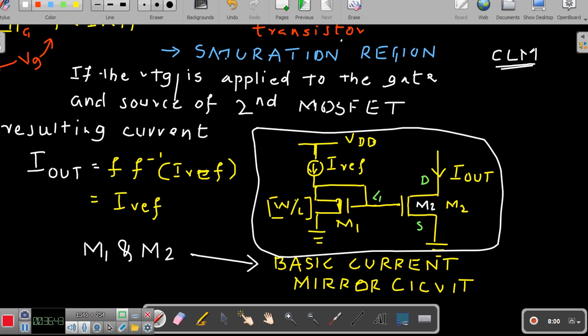So once the transistor operates in the saturation region, the same voltage is now applied to that transistor whose output current has to be made independent of the supply, process and temperature. So therefore your I out will be equal to I reference, right?